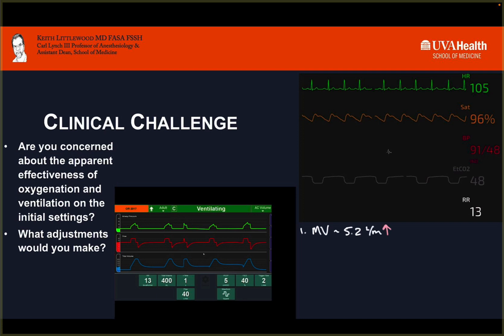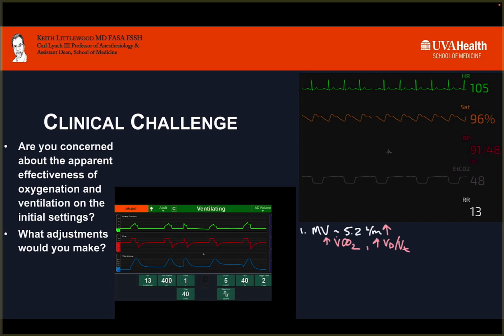If it is a reasonable minute ventilation and I still have hypercapnia, then is there an increased production of CO2, or is there a decreased efficiency of ventilation? In other words, that VD/VT is worse than I thought, and we're starting to accumulate CO2.